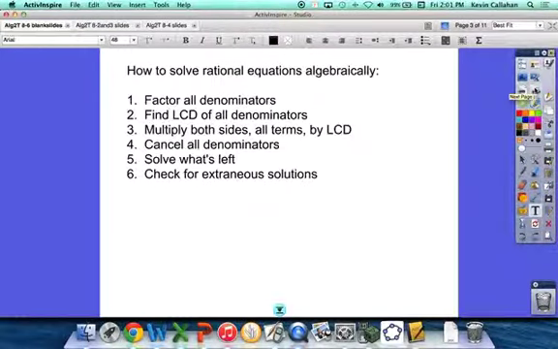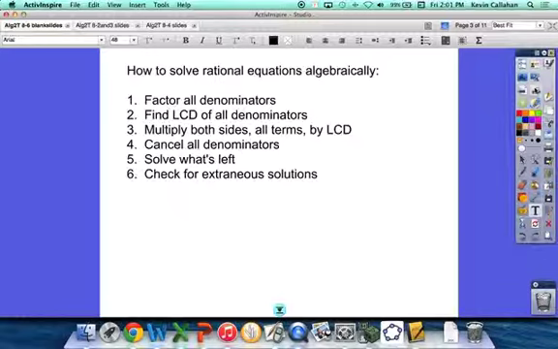There we go. So, solving rational equations algebraically. A lot of these things should sound pretty familiar. Factoring the denominators. Okay, we did that in adding and subtracting. Finding the LCD. That's something we've been doing for all the problems we did last night. We were finding LCDs, right?